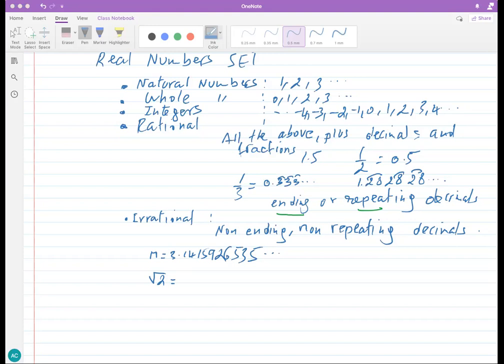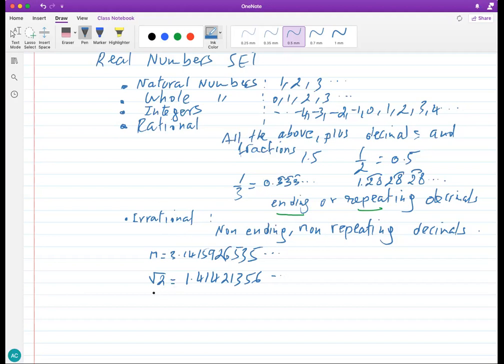Let me give you the first 5 or 6 digits. So square root of 2 is 1.41421356, and so on. Non-ending, non-repeating decimals. So that's what irrational numbers are.